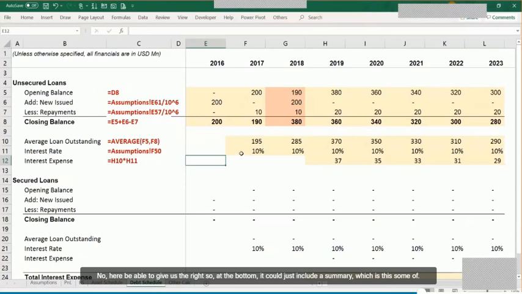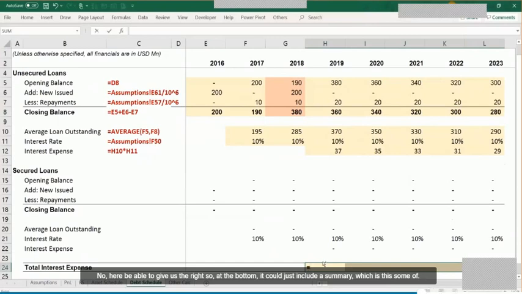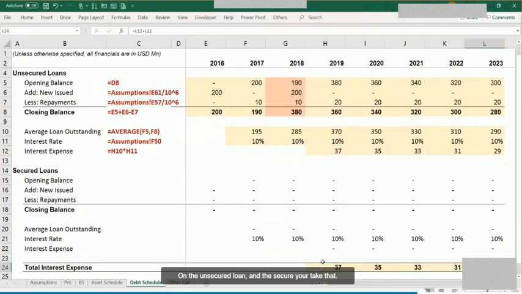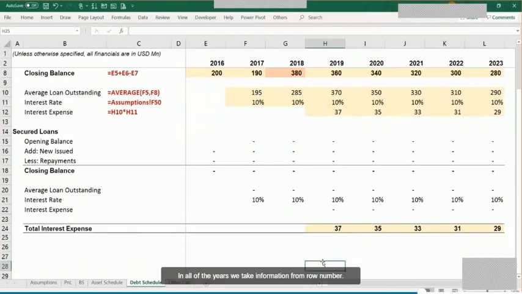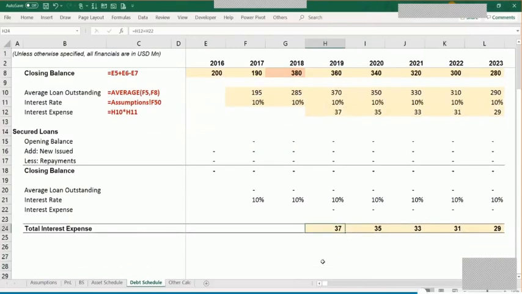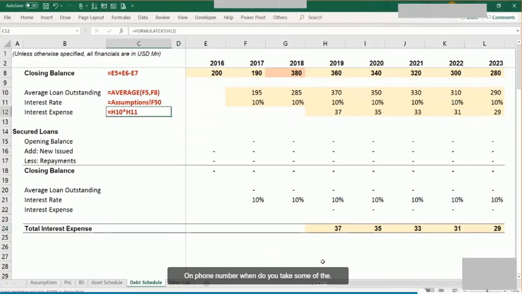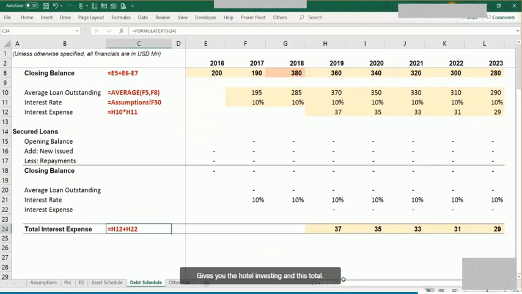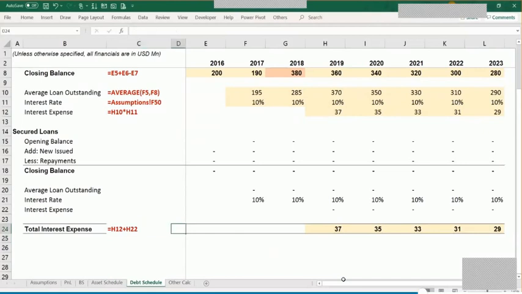So at the bottom, you could just include a summary, which is the sum of interest expense on the unsecured loan and the secured loan. In all of the years, you take the summation from row number 12 and row number 22. So take the sum of these two and it gives you the total interest expense. And this total interest expense is the item for P&L.